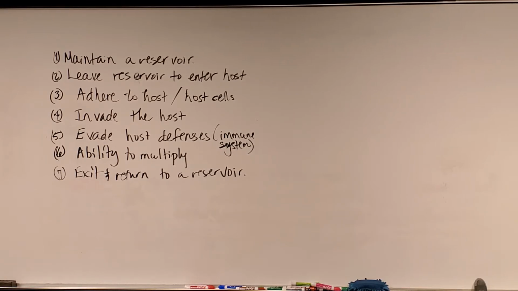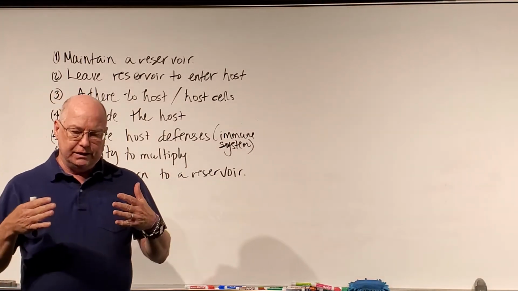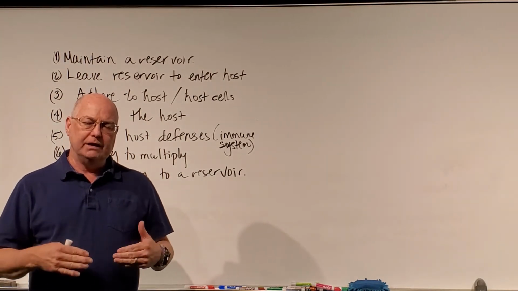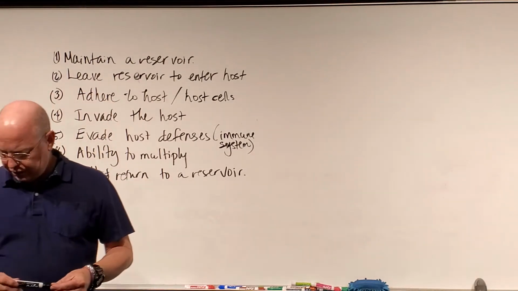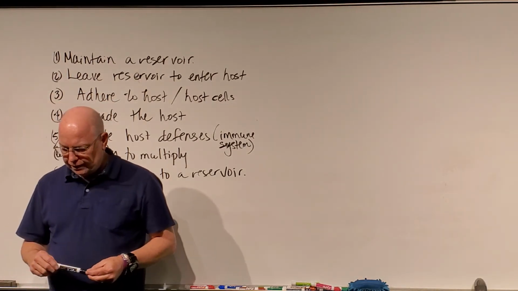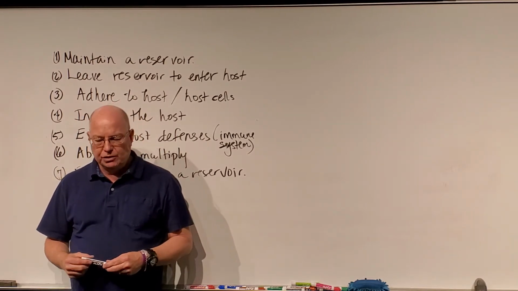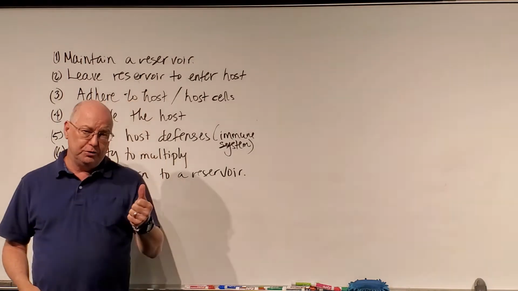So when we talk about maintain a reservoir, basically a reservoir is a place where the pathogen can maintain itself when it's not infecting the host. So it's a place where they live when they're not causing infections. Now, reservoirs can be numerous. They can be human reservoirs.